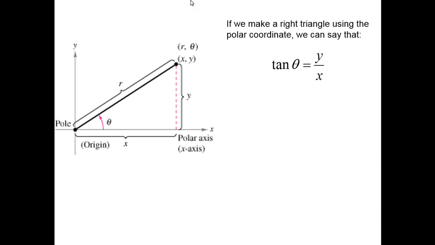You'll notice tan theta is equal to y over x, just using SOHCAHTOA, opposite over adjacent. And we come up with an expression for x. If you think about cosine theta being adjacent over hypotenuse, then we can say that x is r cosine theta.